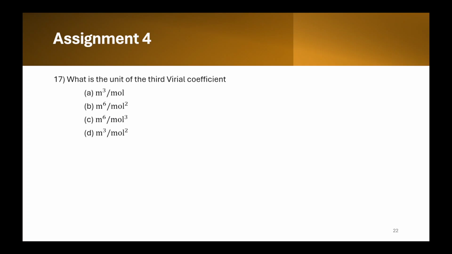Next question. What is the unit of the third virial coefficient? So we'll write the virial equation again. Z is equal to 1 plus Bt by nu plus Ct by nu square plus Dt by nu cube and so on. So this is the first coefficient, second coefficient, third coefficient. So we need to compute the unit of this.